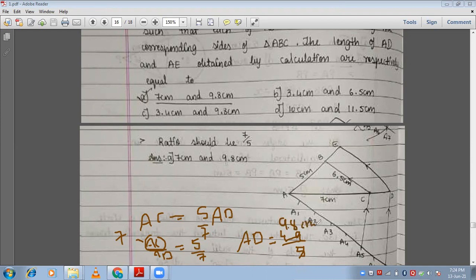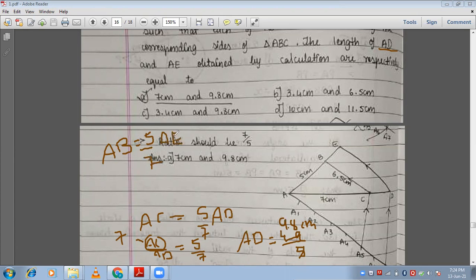Is it right? The value of AD is 9.8 centimeter. Similarly, you need to find out the value of AE. AE is equal to AB, which is 5 by 7 times AE.